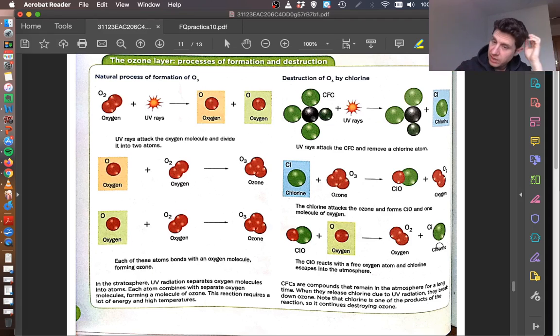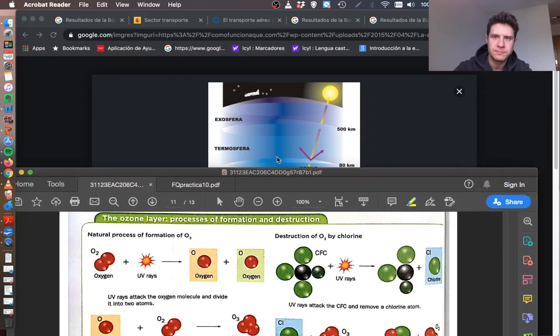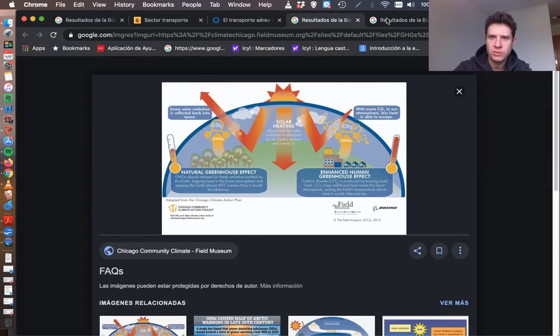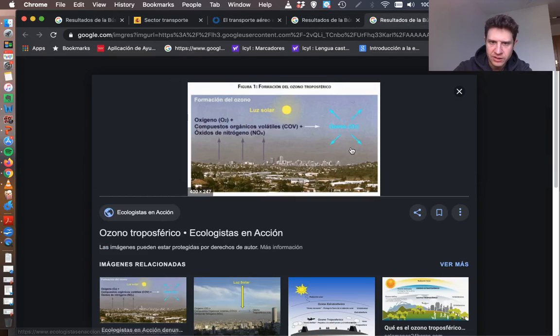So what happens with the chlorine is that it goes 80 kilometers above our heads to destroy the ozone layer. The chlorine goes really up. It's very light. Because some people think, okay, to destroy the ozone that we breathe here in the tropospheric layer, which is toxic if we breathe it, we can free the chlorine and destroy it.